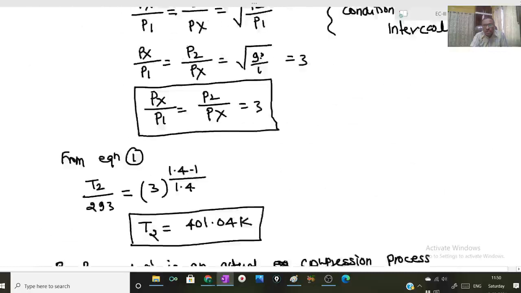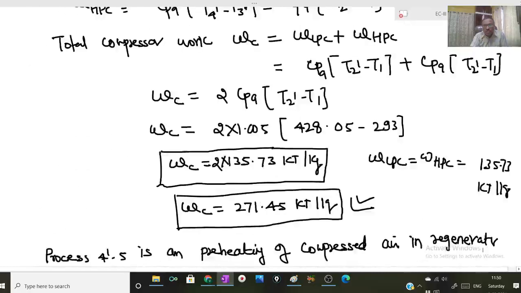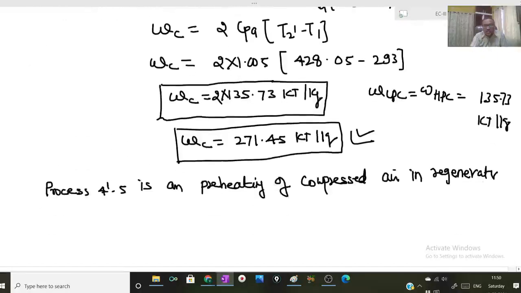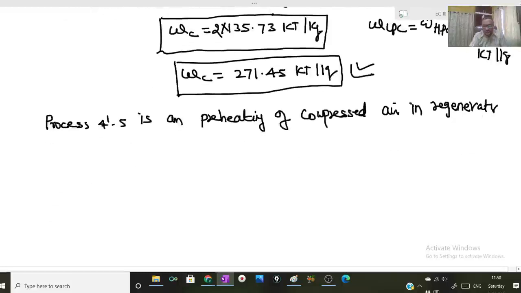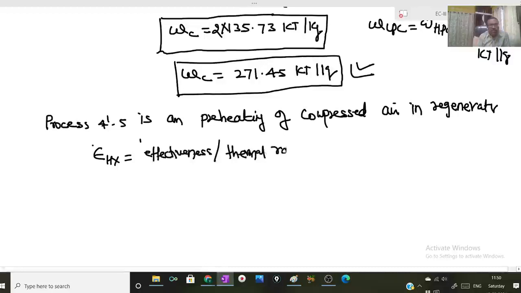So regenerator is nothing but a heat exchanger, and for a heat exchanger, its heat transferring ability is measured with the help of effectiveness. One more term has been used in this problem, thermal ratio, and it is given by Q actual to the Q max.